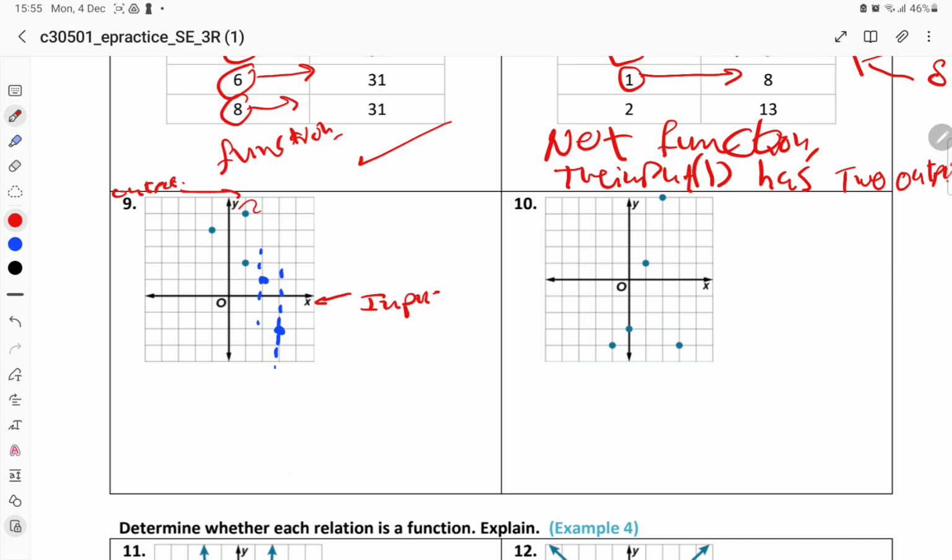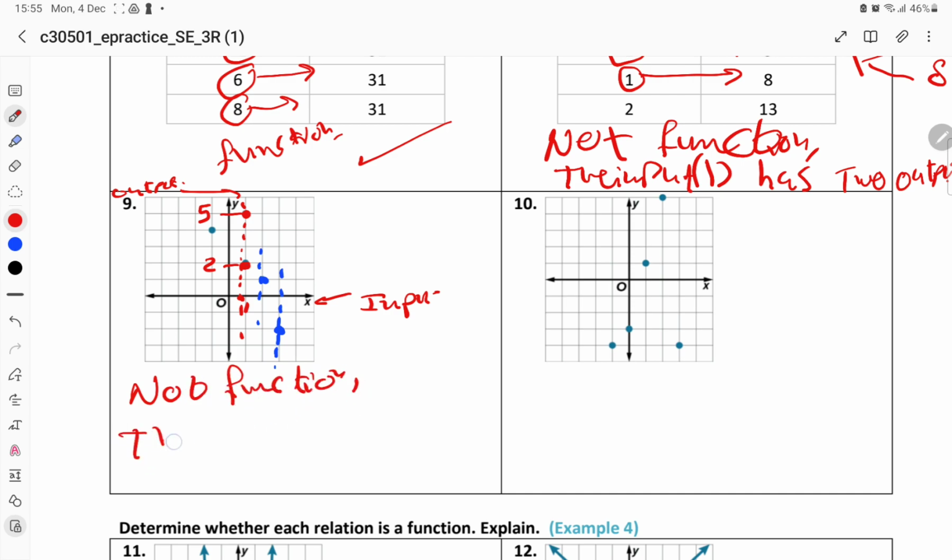Take care of this one here. Imagine a line. How many outputs? Two dots, correct? So this means it has two values for y. This x, which is 1, has two values for y. Here y is 2, and here y is 3, 4, 5. So it is not a function.